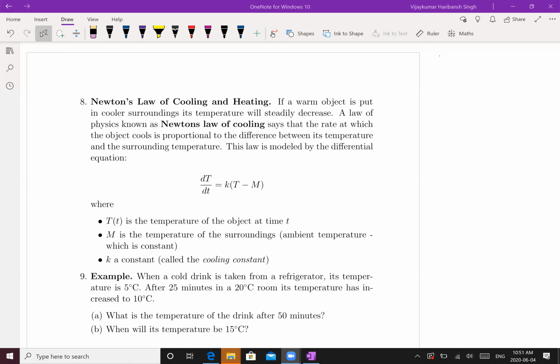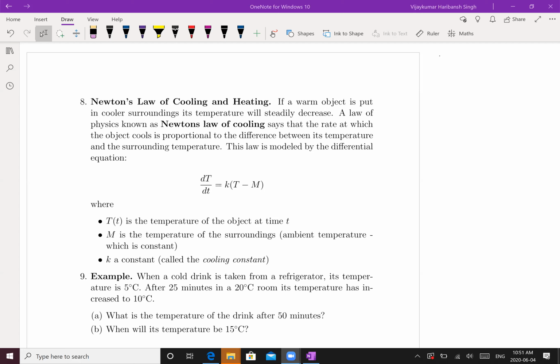So the idea is, if you take a warm object and put it in cooler surroundings, its temperature will steadily decrease, right? So a law of physics, which is known as Newton's law of cooling, tells you how it cools down. It's not like if you take a hot cup of tea outside in the snow, it will cool down instantaneously. No, that's not happening, right?